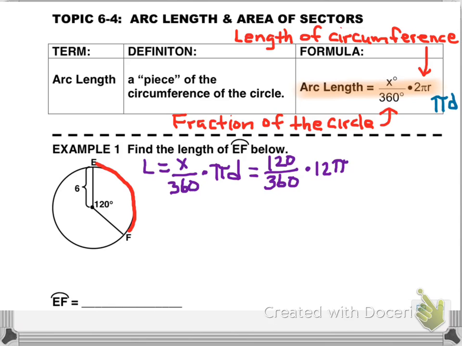So now let's just do our arithmetic. 120 over 360 simplifies to 1/3. So 1/3 times 12 pi. 1/3 of 12, 12 divided by 3, is 4. So the length of the arc is 4 pi.